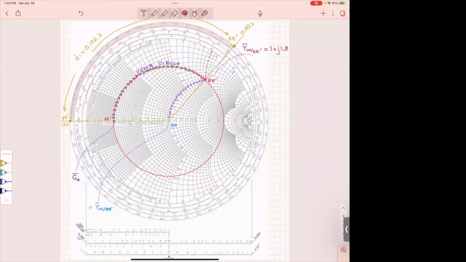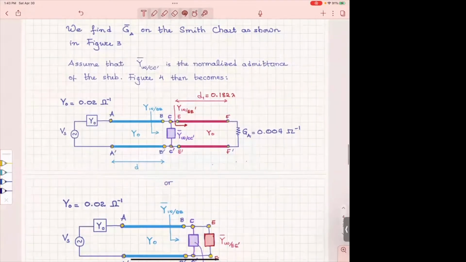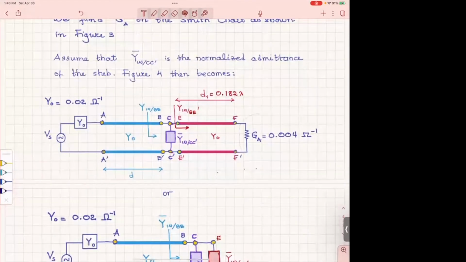But to understand at what point you're going to stop, now you go to this figure here. So I am right here, at this point, which is not normalized, or we can make everything normalized.